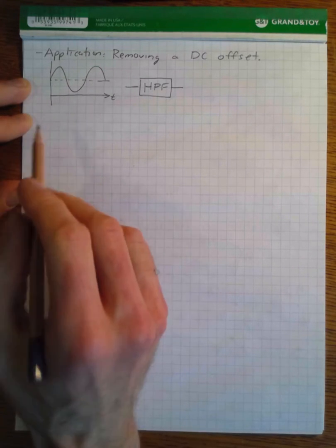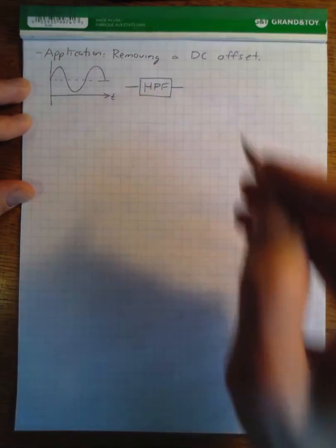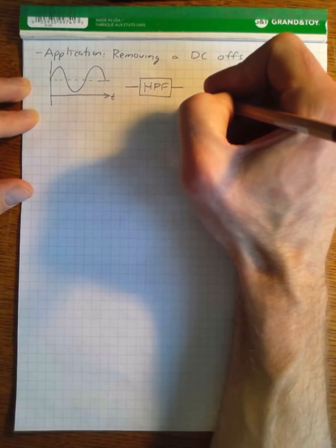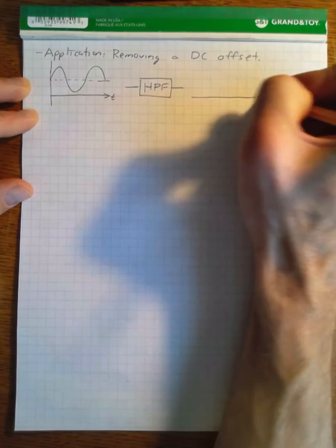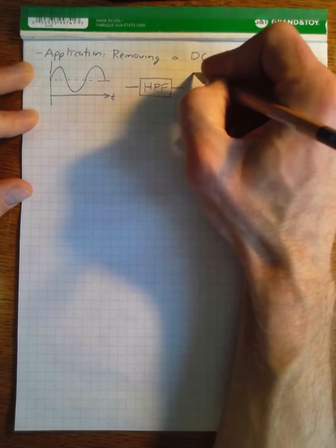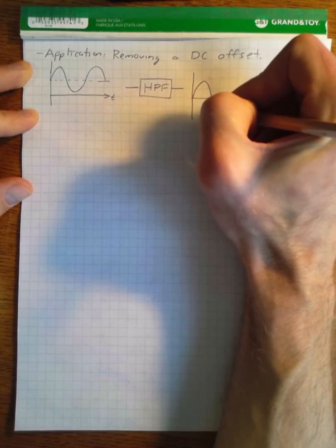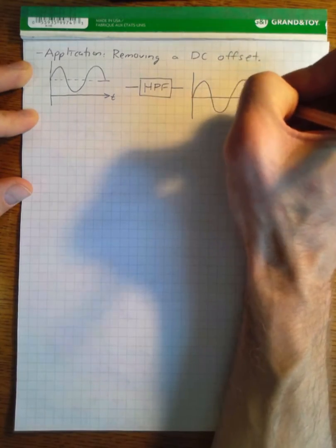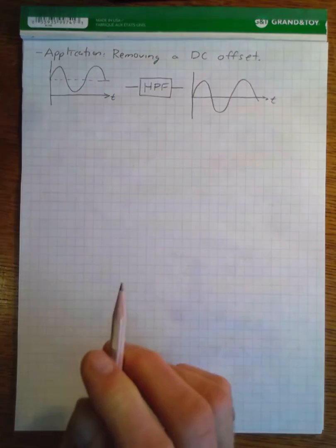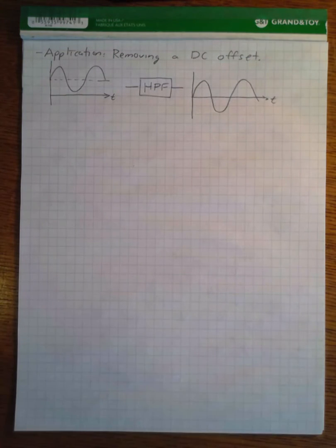And so if we block that, what we end up doing is removing that DC offset. So our signal will look like that. And of course, our high-pass filters are not perfect.